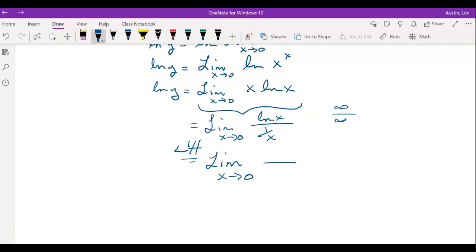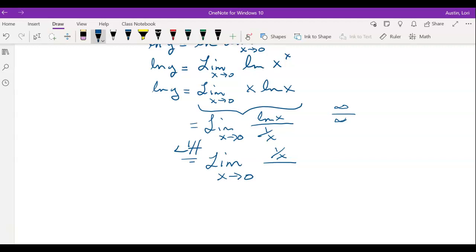Okay, what's the derivative of ln x, everybody? People are whispering it. 1 over x. The derivative of ln x is 1 over x. Okay, we've done this a lot of times. What's the derivative of 1 over x? Figure it out.